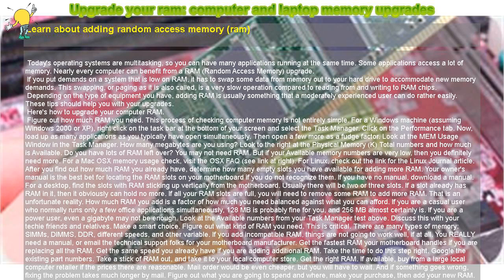Figure out how much RAM you need. This process of checking computer memory is not entirely simple. For a Windows machine, assuming Windows 2000 or XP, right-click on the taskbar at the bottom of your screen and select the Task Manager.